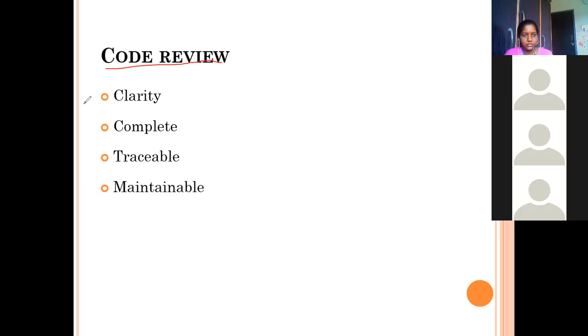Under code review, the first point is clarity. Clarity in case of code means your code must be written correctly, as per the coding standards and syntax requirements for the given platform.